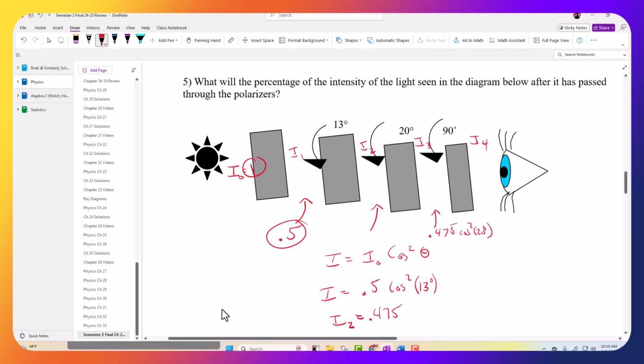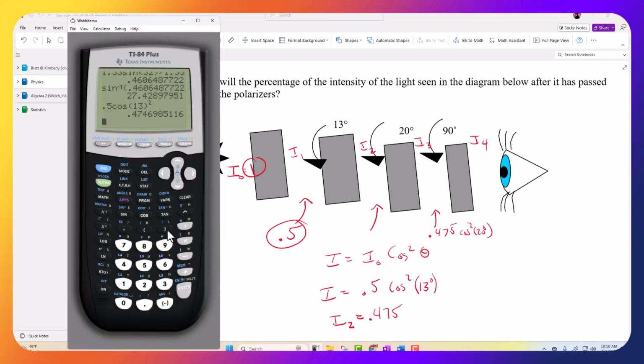We're just going to keep multiplying by the cosine squared of the angle that is next. So I'm just going to take in my calculator times cosine of 20 parentheses squared, enter, and then I'm going to times by the cosine of 90 squared. And what do we get?